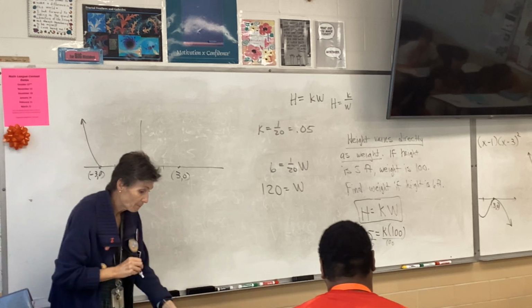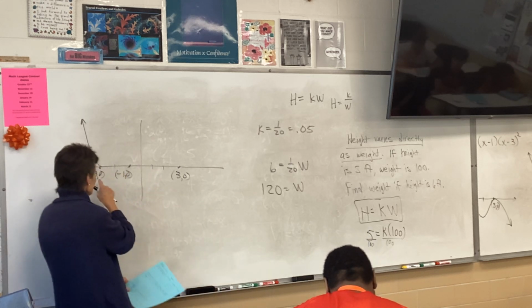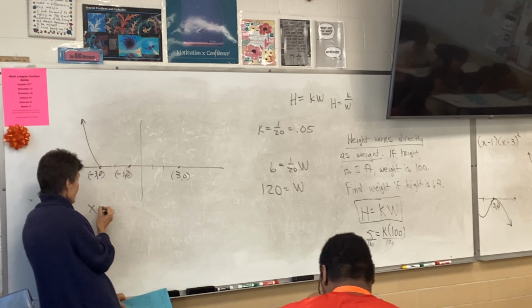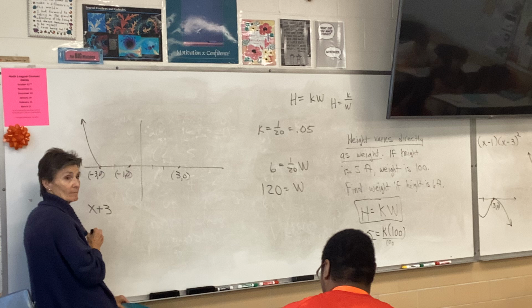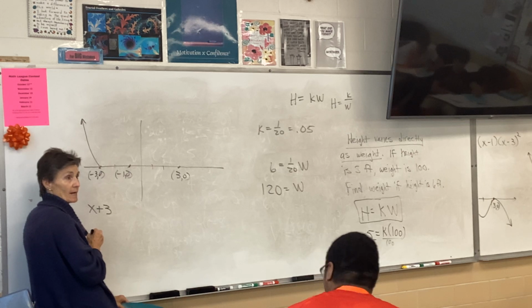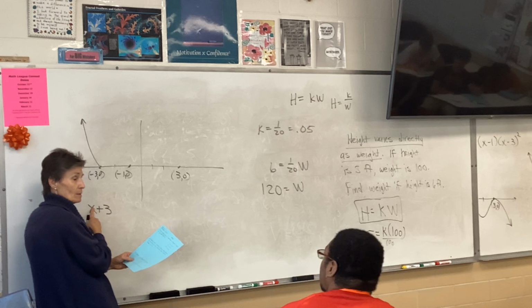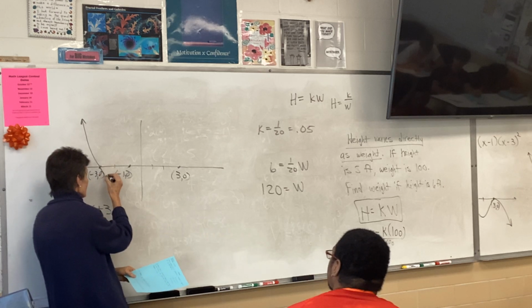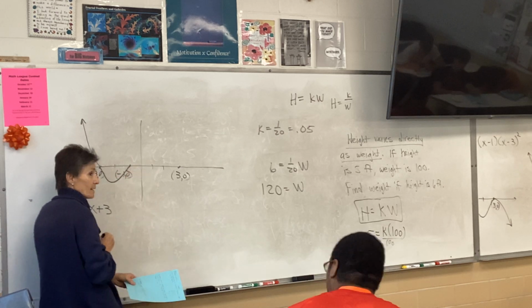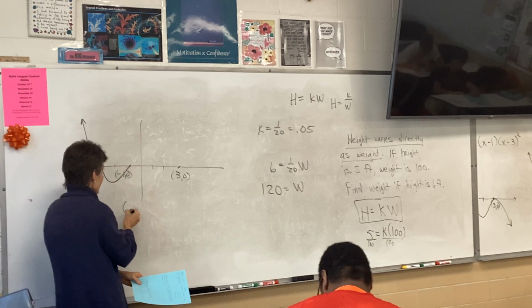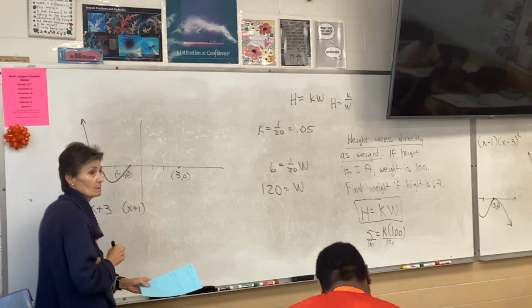Now what happens when I hit that dot? Remember, that dot came from this factor, right? Is that a squared factor? No. So I'm going to go right through, and I'm going to connect to my next dot. Now that dot came from this factor.